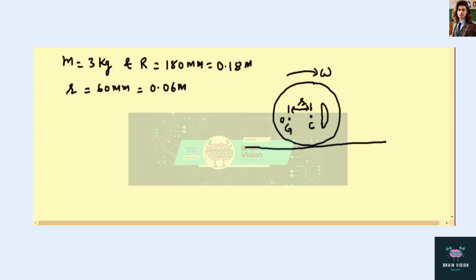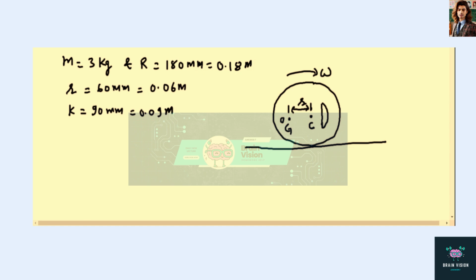So you can see this is the center of gravity or center of mass. The centroidal radius of gyration of the wheel is 90 millimeter, that is 0.09 meter.